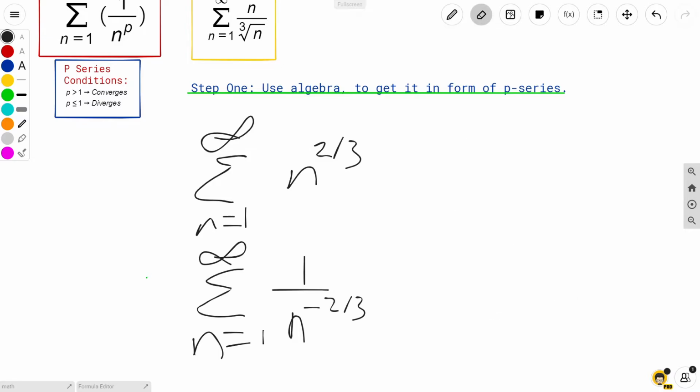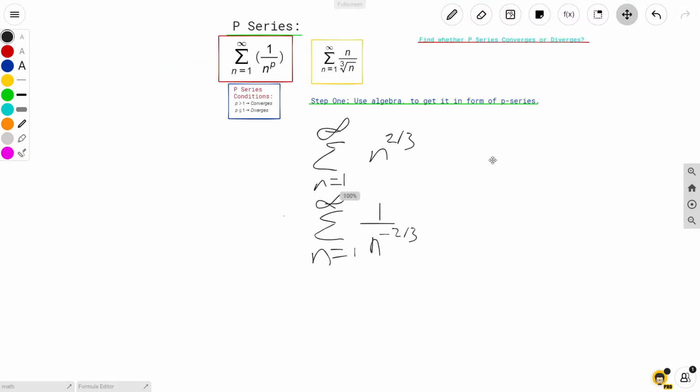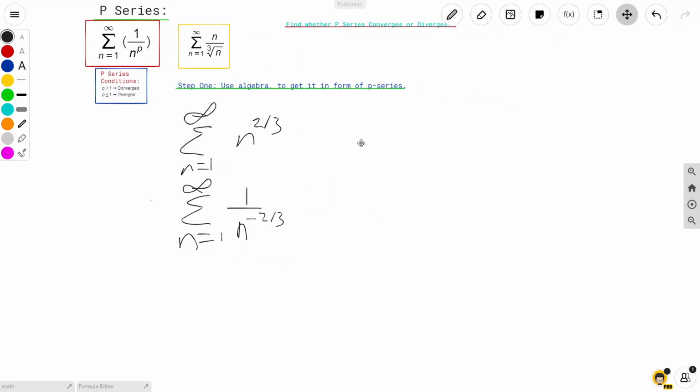So for step 2, we're simply going to identify p. This one's pretty straightforward. We did all the arithmetic in step 1, and our p came out to be equal to negative 2/3.